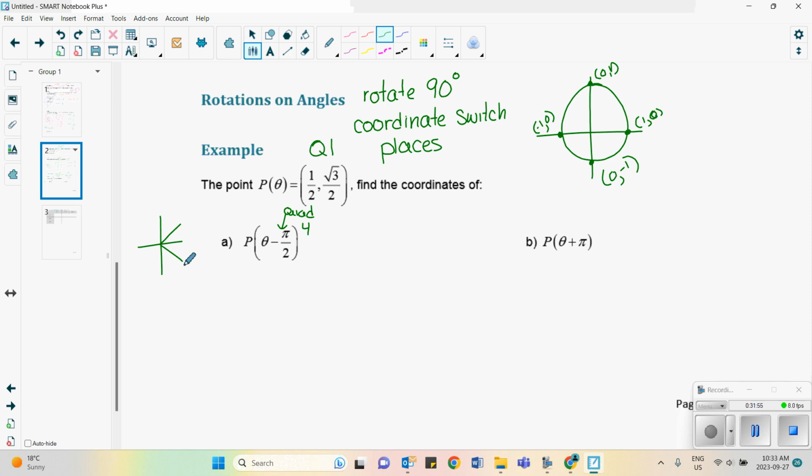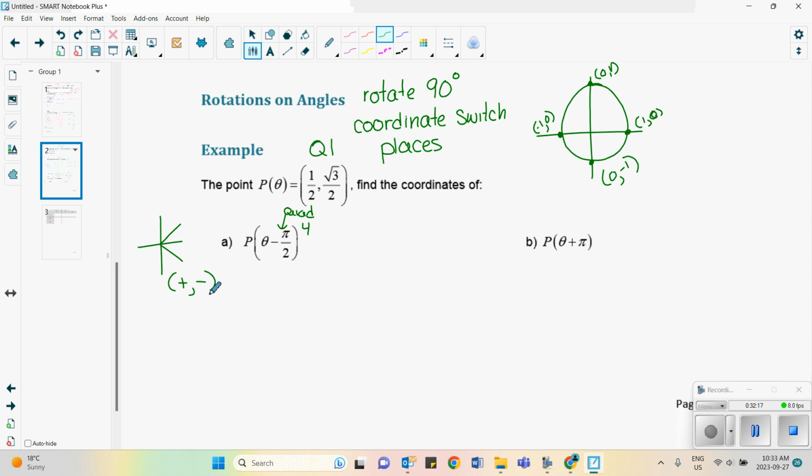What do we know about the x and y in this quadrant? X is positive, y is negative. Theta minus 90. So whatever the angle was, we don't need to know what the angle is. We just need to know we're taking 90 away from it.